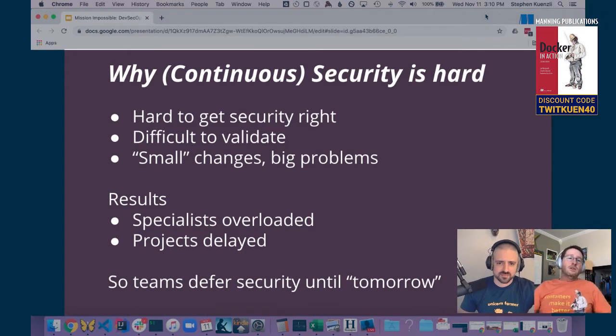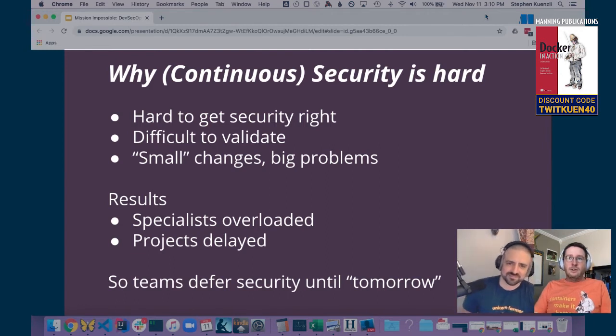Okay, so I'll kick it off, and I'm sure Jeff is going to add on to this. In interviews, surveys, and so forth, I hear a lot that it's hard to get security right. There's a lot of things, especially when you're provisioning something, access is a good example. You often think about the positive case.